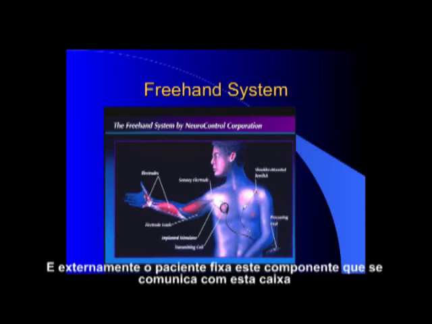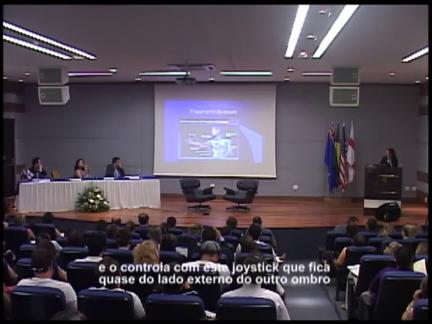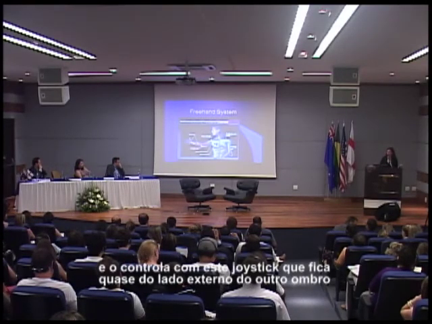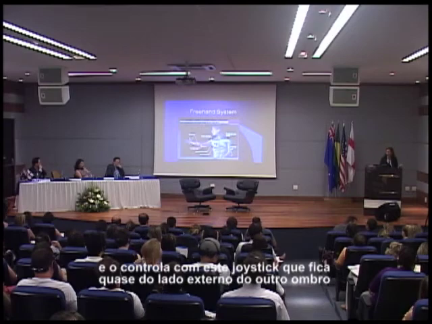And then externally, I lost my mouse. Externally, the person attaches this component, which communicates to this box. And the person controls it by this joystick almost that's on the outside of the other shoulder.